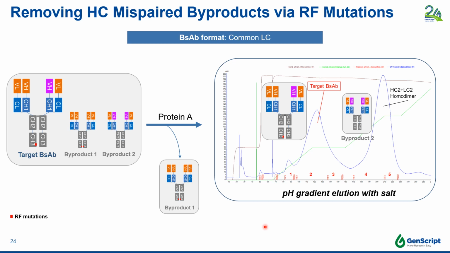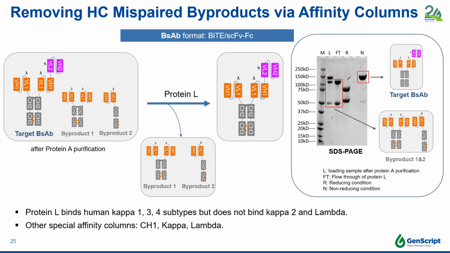Of course, if there are no RF mutations in the design, you can also choose other purification methods based on the sequence and results. In this case, the red assembly is scFv-Fc with BsAb-Fc, but we also get scFv-Fc monomer and homodimer as byproducts. After analysis of the sequence, we find that the byproducts do not bind to protein L, while the target BsAb does.